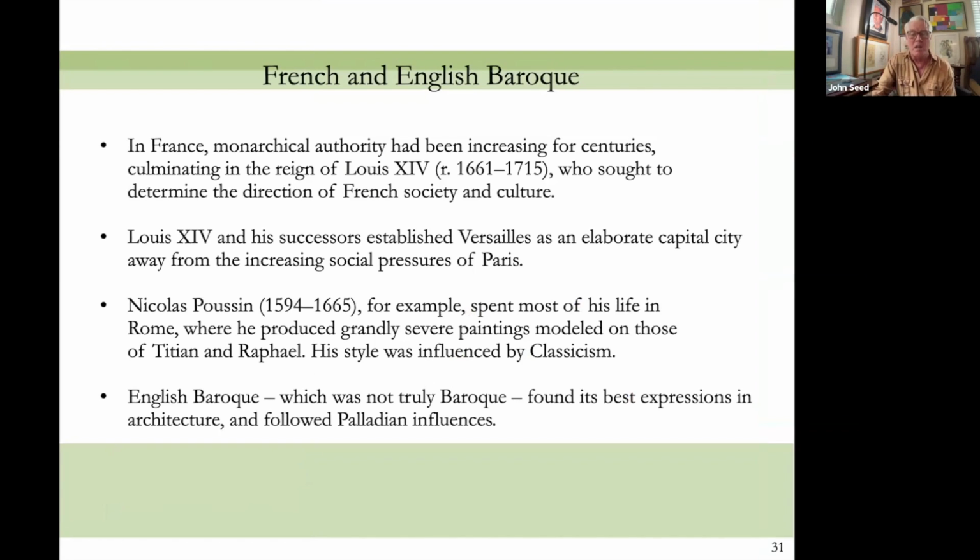But in France, the authority of the monarch had been increasing sequentially, and in Louis XIV, France got a monarch who lasted, I think it was either 71 or 72 years, so the longest reign in French history. And Louis XIV modeled himself after Akhenaten, the Egyptian pharaoh who had worshipped the sun. He was the Sun King, and his emblem was the sun god Apollo in the European case.